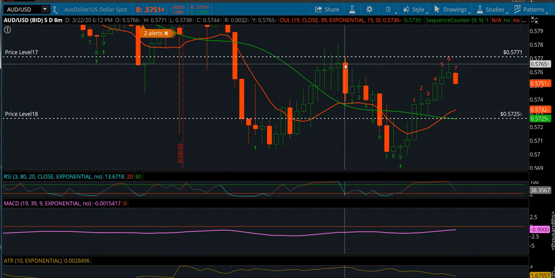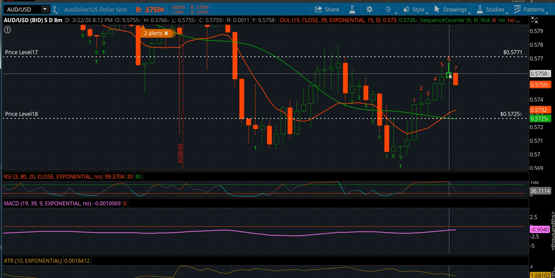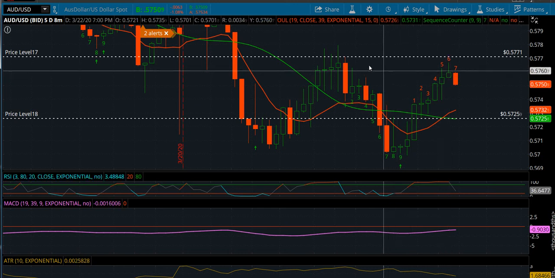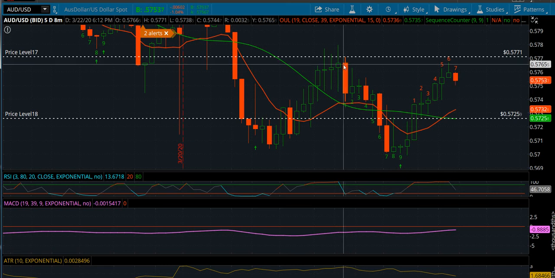This bar opened at 57.66. The high of this bar is 57.66. So it's not the top of this bar that resisted, is it? It was this opening price right here. So in a situation like that, you kind of have a judgment call.